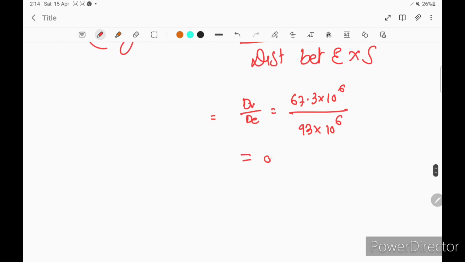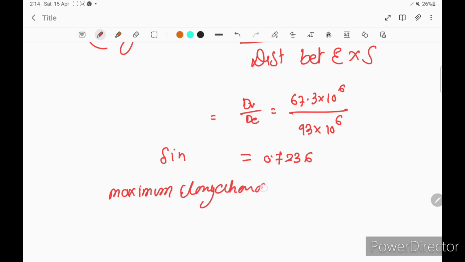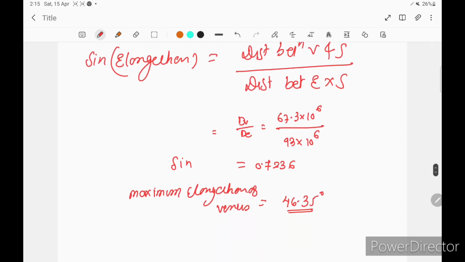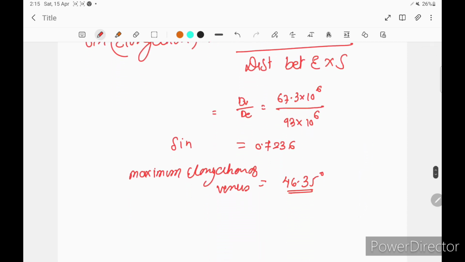When we calculate, we get the value 0.7236 for sine. Now we have to take sine inverse. So the maximum elongation of Venus is 46.35. It's very short and very simple, just 4 steps, and you can easily solve this type of numerical, easily scoring 25 marks.